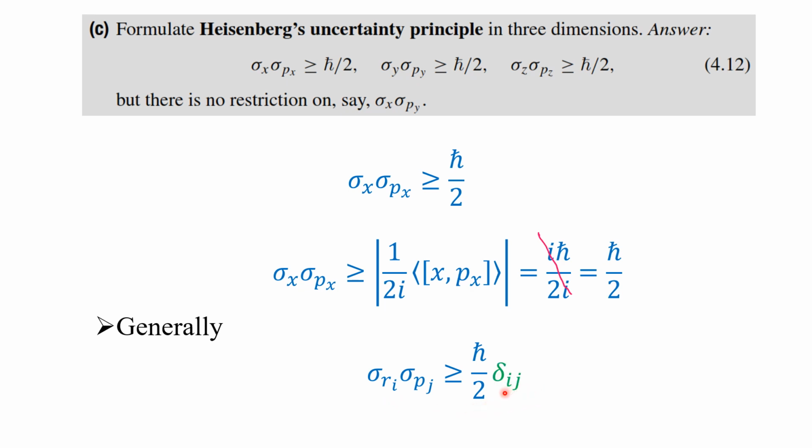That is, when i and j are different, it will be 0, and when i and j are equal, it will be 1. This is the generalized uncertainty principle formula. Here r i refers to x, y, z, and j also refers to x, y, z.